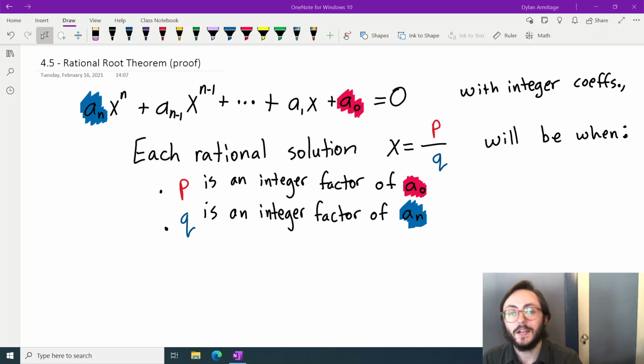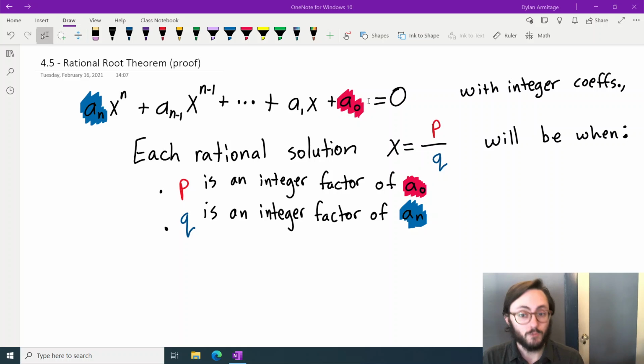Okay, so the rational root theorem simply states that if we have a polynomial, a sub n times x to the n, plus a sub n minus 1 times x to the n minus 1 plus ... plus a sub 1 times x plus a sub 0 equals 0 with integer coefficients. Okay, so all of those values of a are integers.